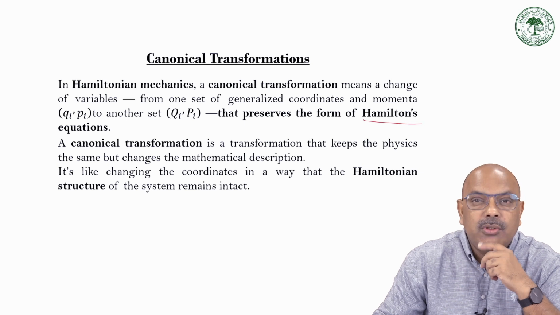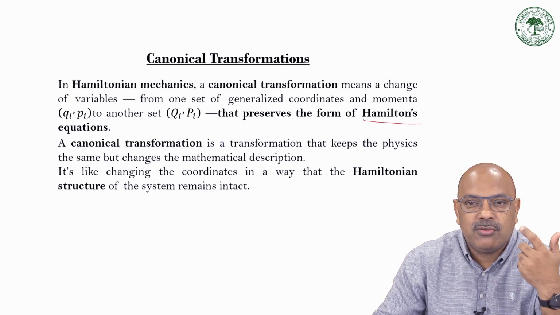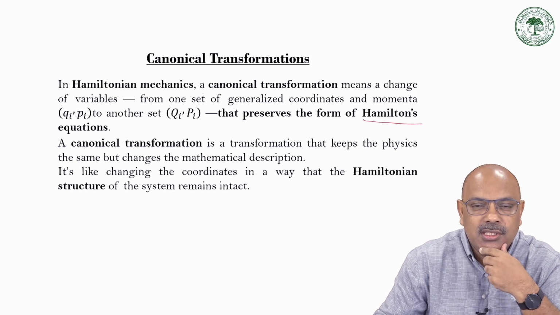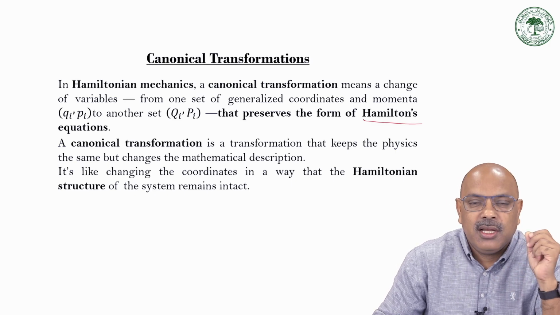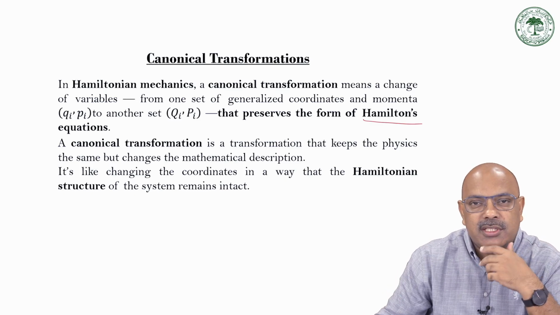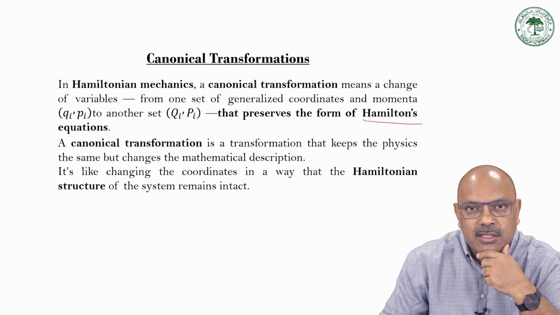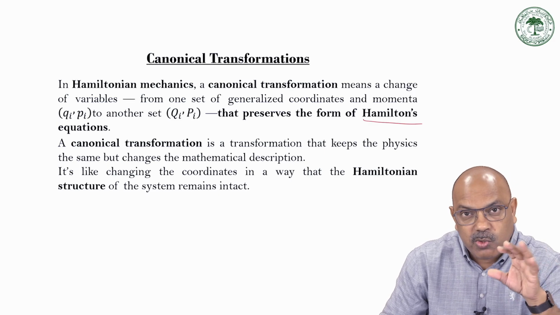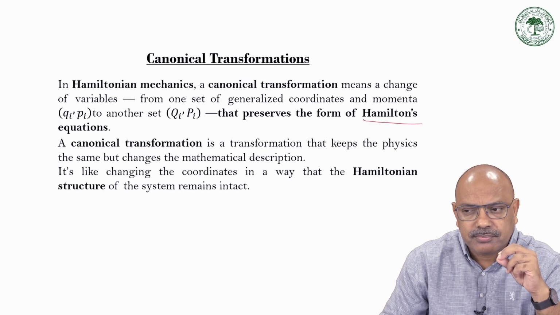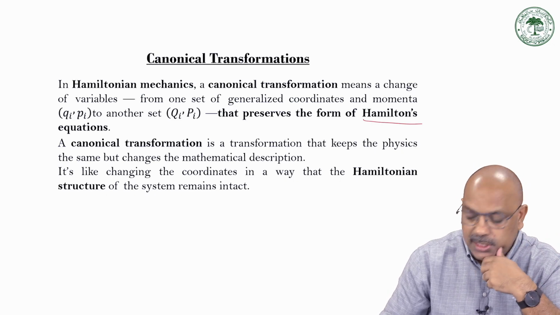This transformation is just to make the mathematical calculation easier, so that you transform the old variables into new variables such that your Hamiltonian becomes cyclic in coordinates. Then the corresponding momenta are constants of motion, and solving the equation is going to be easy.